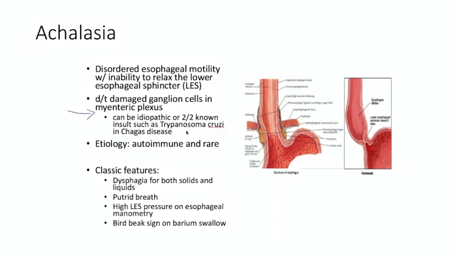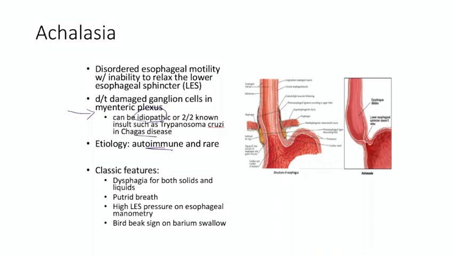So the damage may be caused by Chagas disease, which is by the Trypanosoma cruzi microorganism, or it can be idiopathic. And what happens is we have damage to the ganglion cells, which causes an inability to relax that esophageal sphincter. Other things could be autoimmune, which are rare causes.